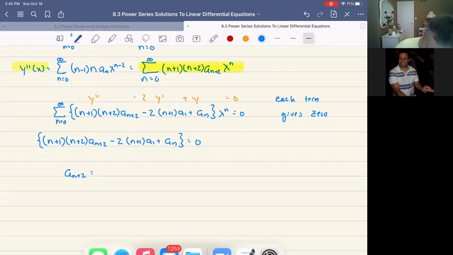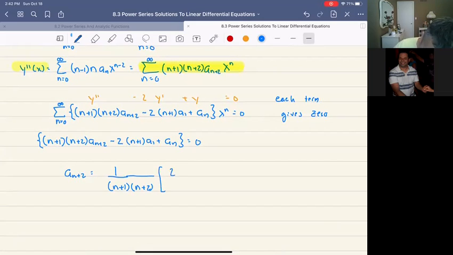A sub n plus 2 equals 1 over n plus 1, n plus 2, times, let's see, that's going to be 2n plus 1 a sub n plus 1, minus, I'm sorry, that should be n plus 1 there.